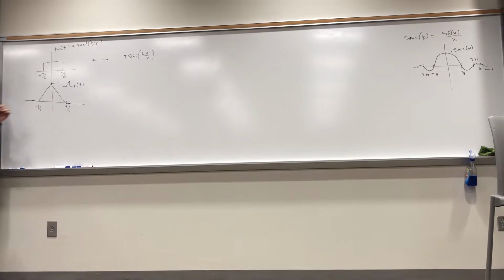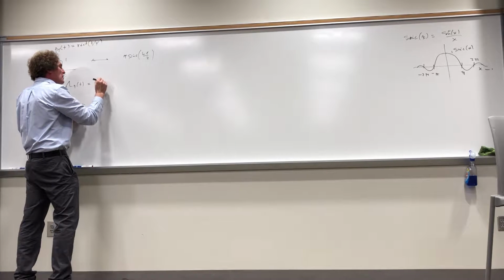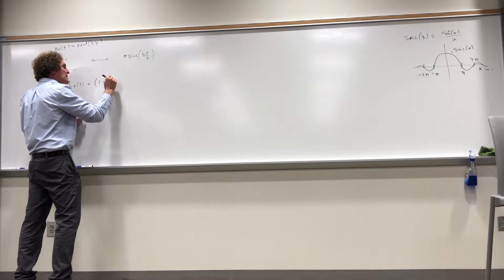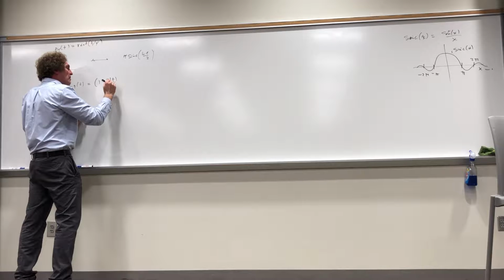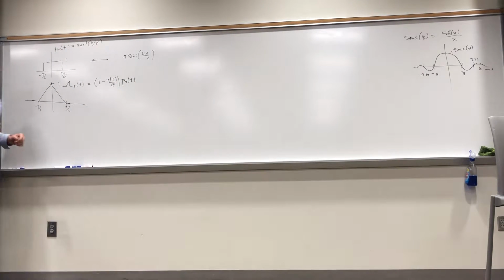You all remember that from before when we did convolution, the triangle function? The definition of this is equal to 1 minus 2 times the magnitude of t over tau, times the pulse function tau of t. That's its mathematical definition. This is what it looks like, and this is versus t.